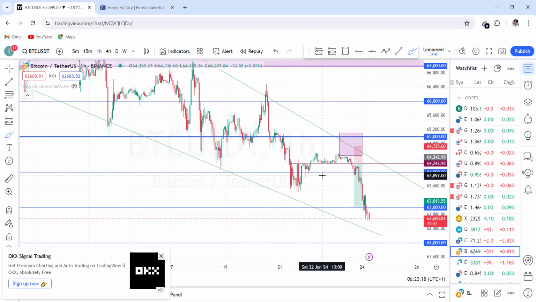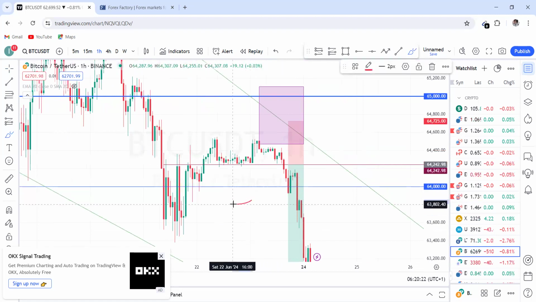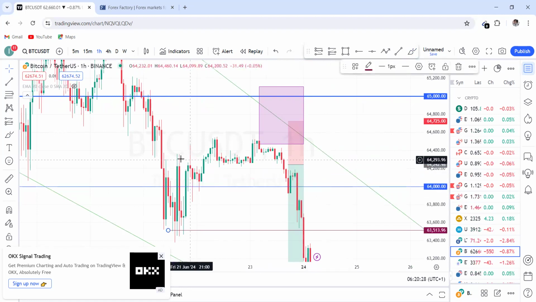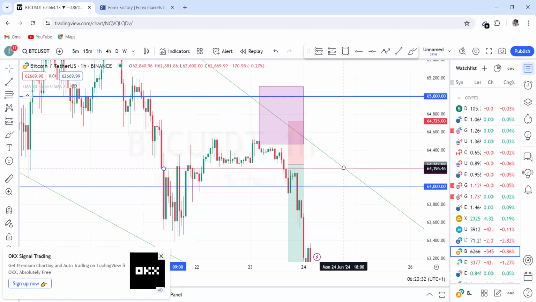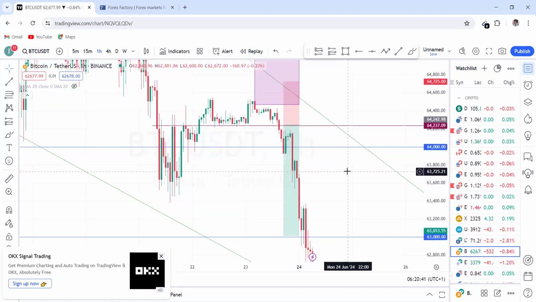Now I also observed that there was a kind of resistance that had happened here. There's a kind of level that was showing up here. So I had to put this line there and see, should I get a break of it? I would want to start selling Bitcoin, because already I'm having a bias of selling it, and I was feeling already that the sell was going to be massive.